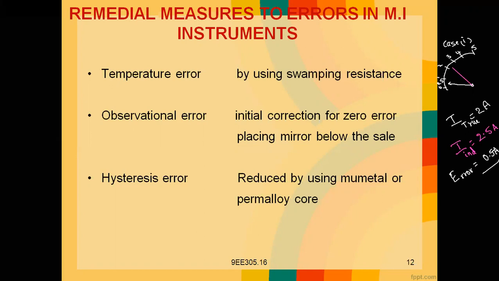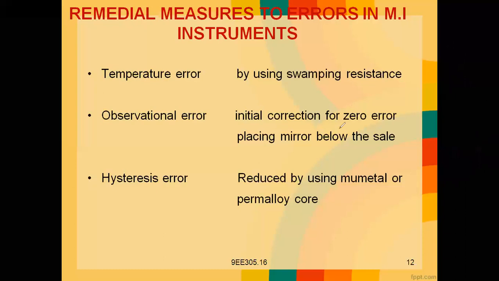This 0.5 ampere error was simply introduced because of zero error. So before using the meter, we have to adjust it from 0.5 to 0 and then use it. Then only we will get the correct value. So initial correction of zero error is compulsory.